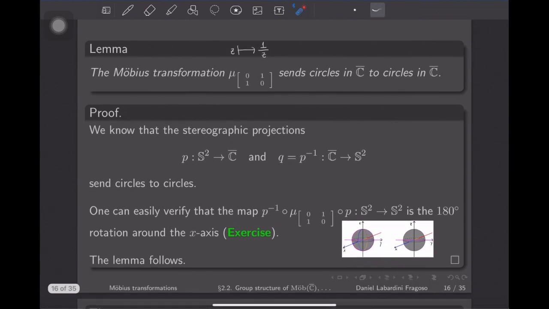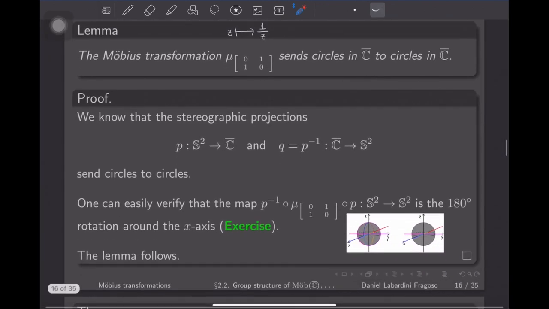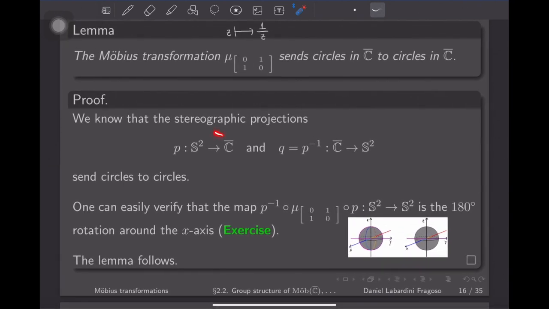All right, and then the way I'm going to prove it, there are several ways one can prove it. One can actually prove it using only synthetic Euclidean geometry, without any kind of complex analysis. But I'm going to do it in a lazy way. I'm going to use the fact that we know that the stereographic projections send circles to circles.